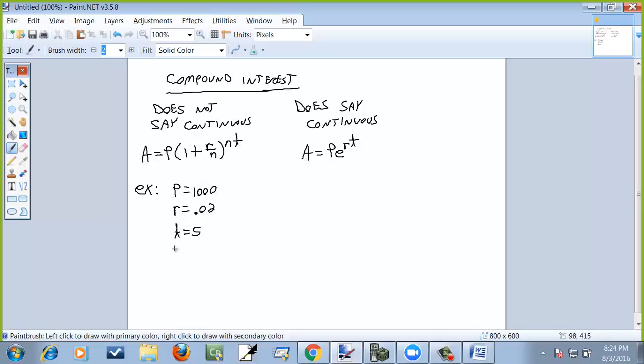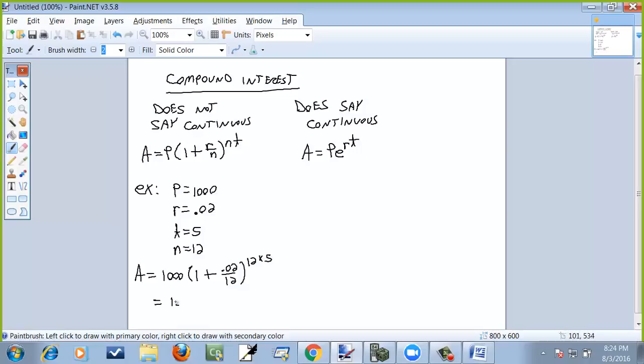If it says compounded monthly, that means n is 12. So then we would plug these values in. P is 1,000. We've got 1 plus r, which is 0.02, divided by n, which is 12, raised to the nt power. So I've got 12 times 5.